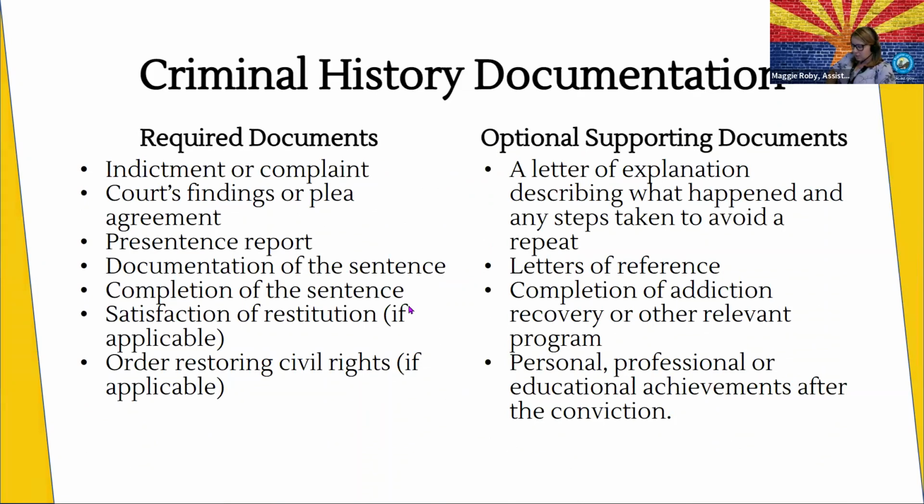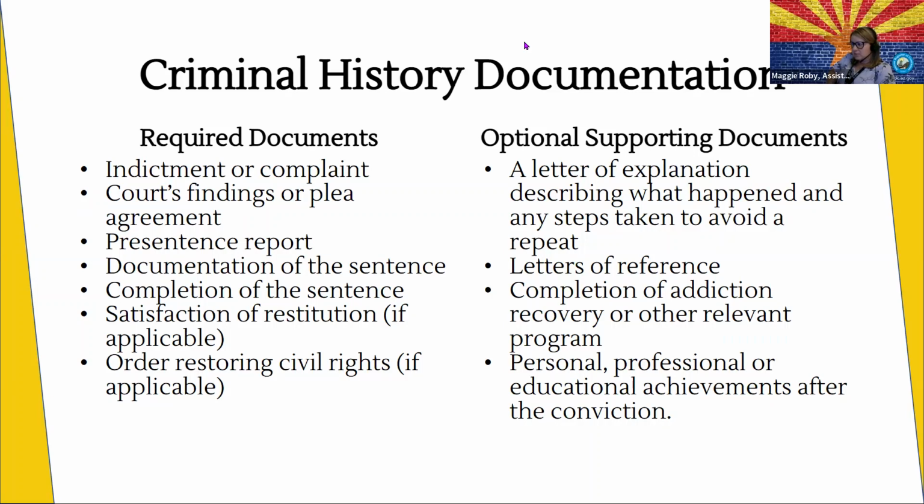If you are submitting your felony or criminal history, we are going to be looking for some documentation for review. Some of the required documents that you would get to us would be an indictment or a complaint, any court findings or a plea agreement, any kind of pre-sentencing report, documentation of completion of your sentence, any restitution that was paid, or restoring of your civil rights.